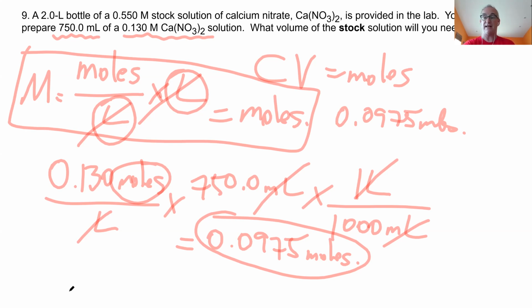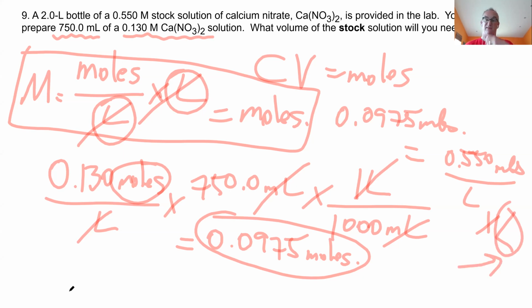And that's going to equal my concentration. My concentration is 2, right? It's a 2? No, 0.550, meaning it equals 0.550 moles over liters multiplied by some amount of liters. Now we just solve for the number of liters and we're good to go. So how many liters is that?